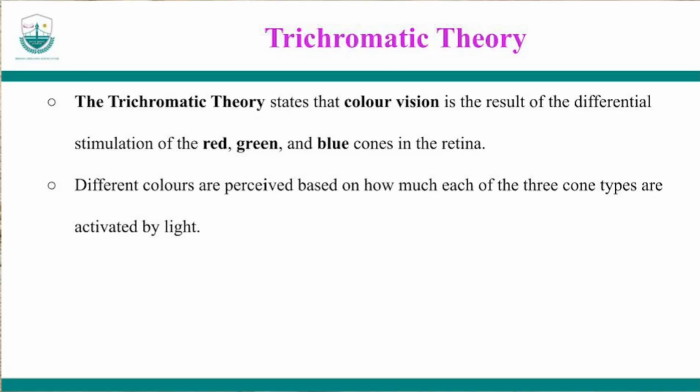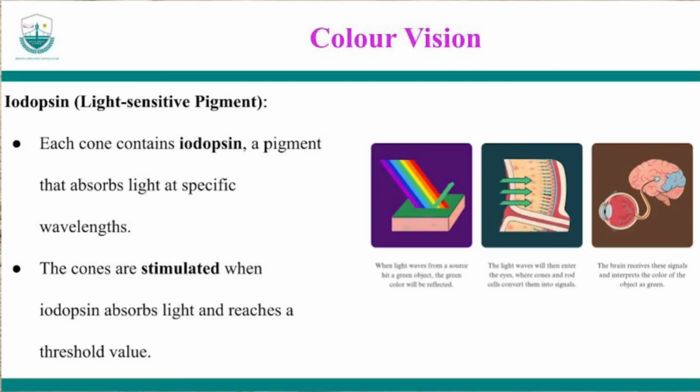So it can either be one particular type of cone that is being stimulated, or you can have a combination of any two types of cones out of the three being stimulated, or you can have all of them being stimulated at equal intensity.